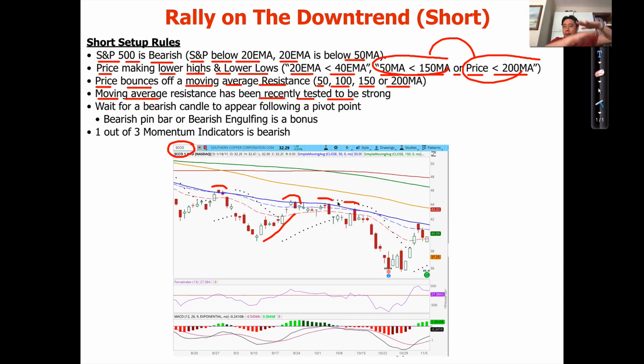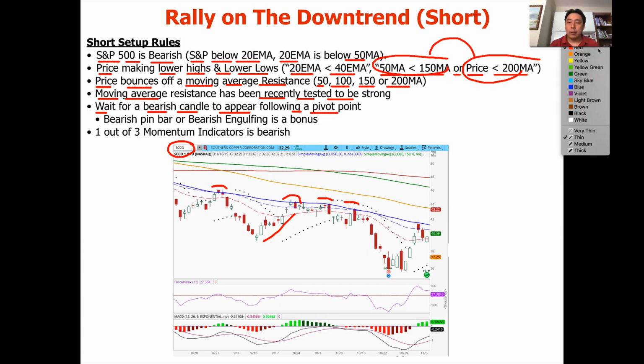Once we see it hitting our moving average, when do we enter the trade? In this case, we wait for a bearish candle to appear following a pivot point. Now recall, in the long setup, the pivot point was a V shape going down. When you're going short, the pivot point is a V shape in this direction, all right?